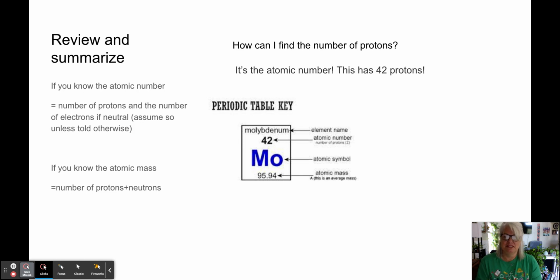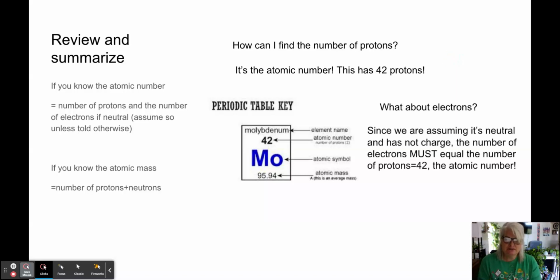Easy. It's the atomic number. So here it's 42. That means it has 42 protons in its nucleus. How about electrons? Well, remember I said we're going to assume it's neutral, meaning it doesn't have a charge. So the negatives, electrons, have to equal the positives, protons. We already know there's 42 protons, so there has to be 42 electrons.